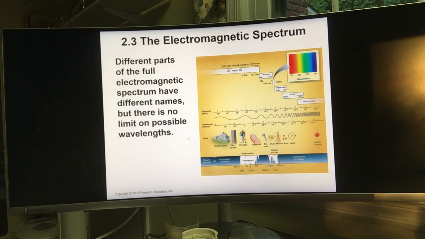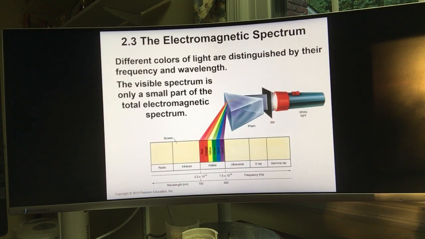Let me go back to the previous slide. Here I want you to pay a little attention to the visible light range. You can see that red light is on the longer wavelength side of the visible light, whereas blue light and violet light are on the higher frequency range of the visible light spectrum.